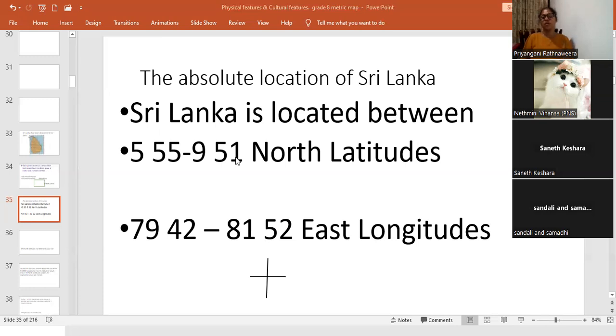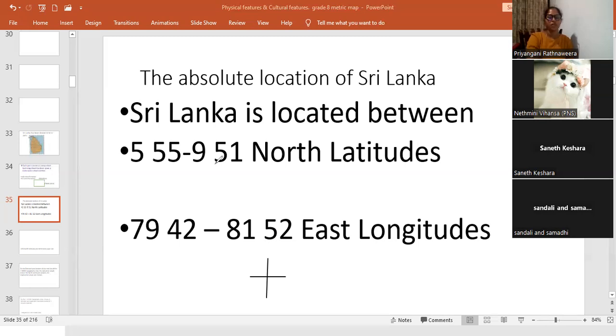You should remember in which longitudes and latitudes Sri Lanka is located. North latitudes and east longitudes. You must remember it. Sri Lanka is located between 5 degrees and 55 minutes to 9 degrees and 51 minutes north latitudes, and 79 degrees and 42 minutes.